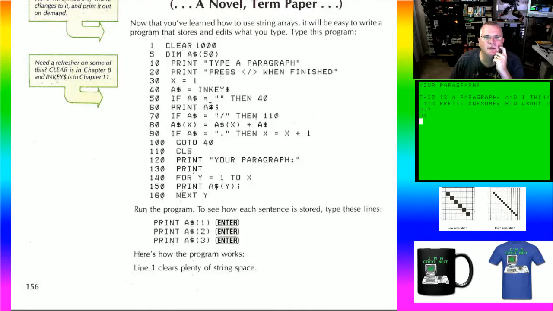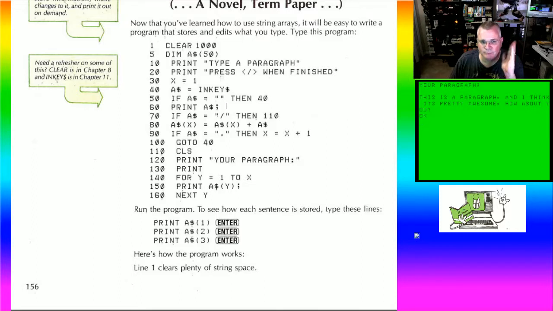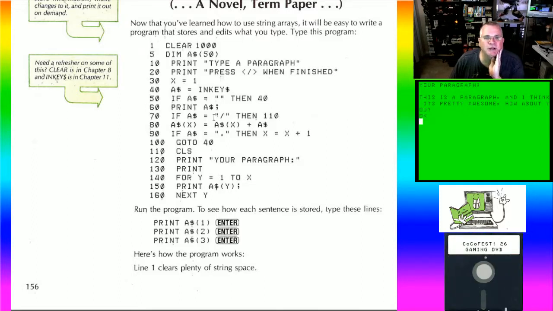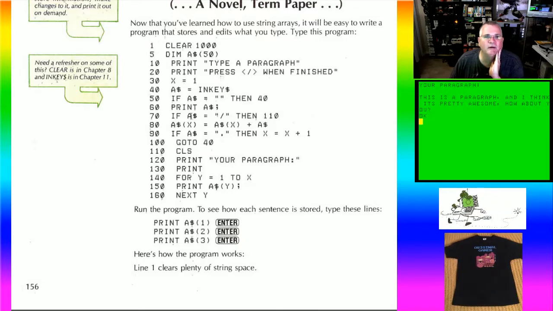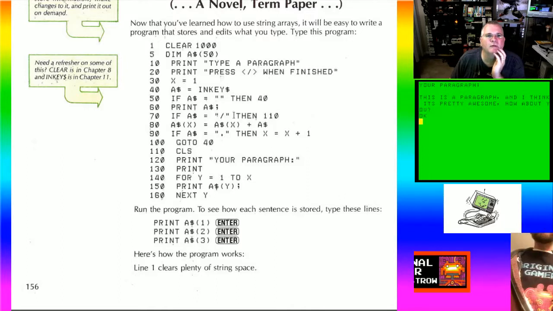Line 60 says print A string. So whatever I typed, it's going to immediately display on the screen. Line 70 then checks to see if I pressed a specific key. It says if A string equals quote / quote, then go to line 110, which clears the screen and prints out my paragraph.